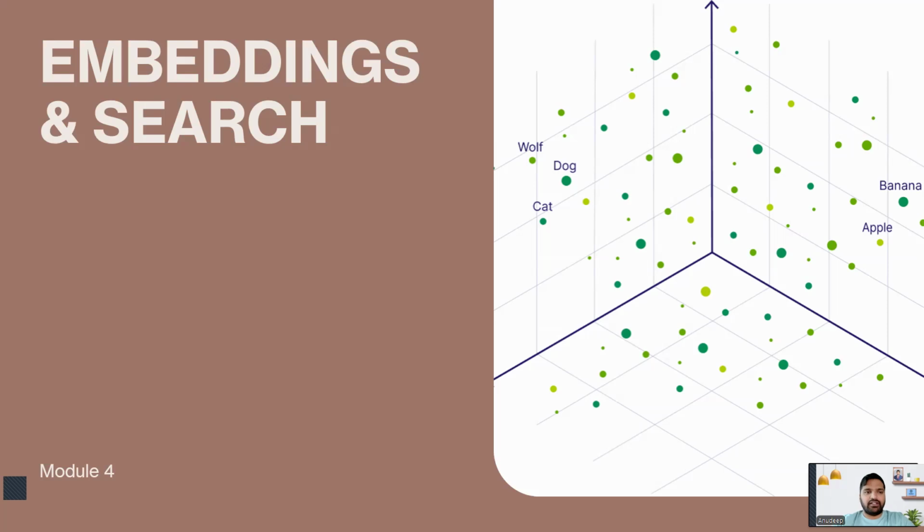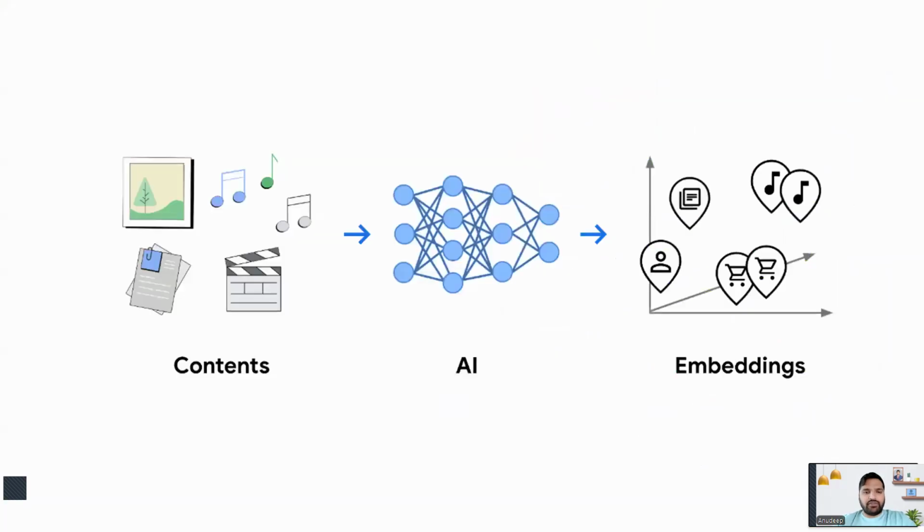So let's dive in. If you remember our module one, where we talked about the evolution of AI, everything is about mathematics at the end of the day. When I say mathematics, I mean converting the data, which is in image format, document or word format, video format or audio format, into a mathematical vector that can represent the actual data.